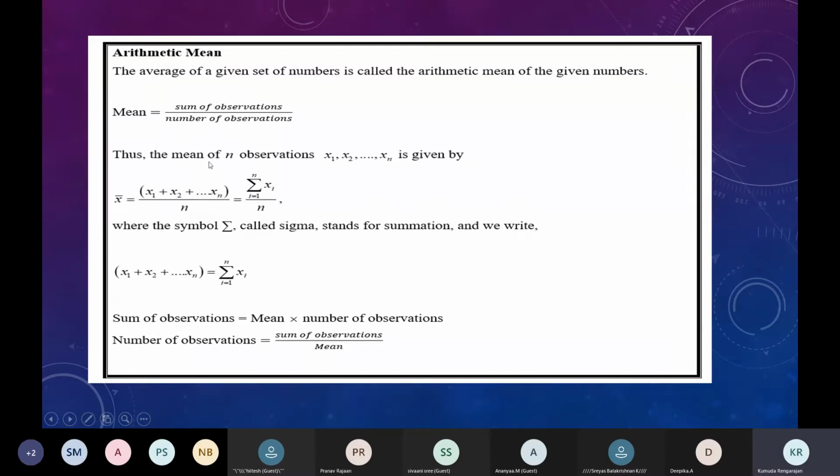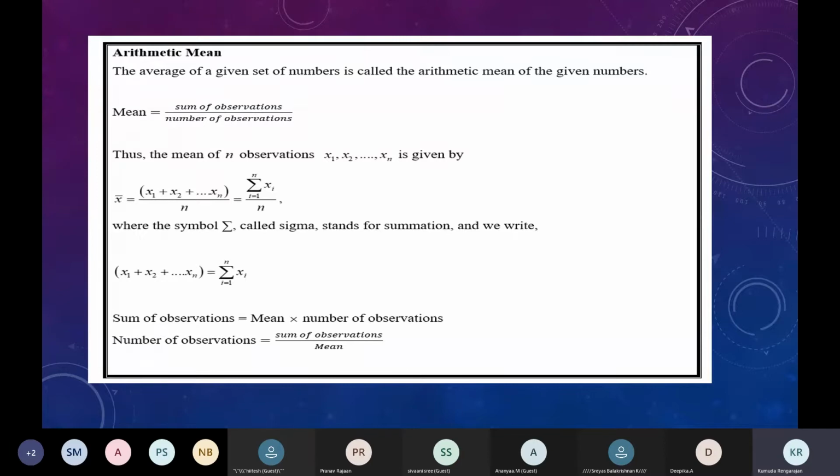Supposing we have n observations, listen to me, don't read this, listen to me. If you have n observations, namely x1, x2, the first observation is x1, the second observation is x2, the third observation is x3, the fourth is x4, the fifth is x5, x6, x7, and so on.